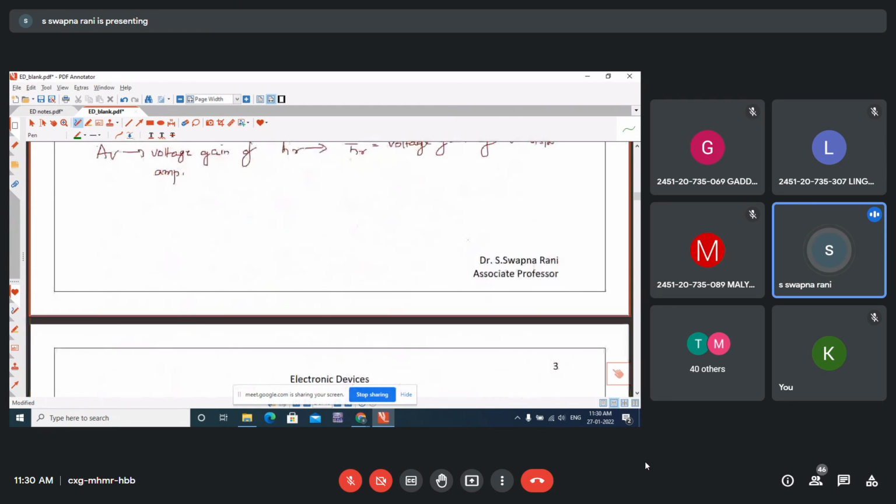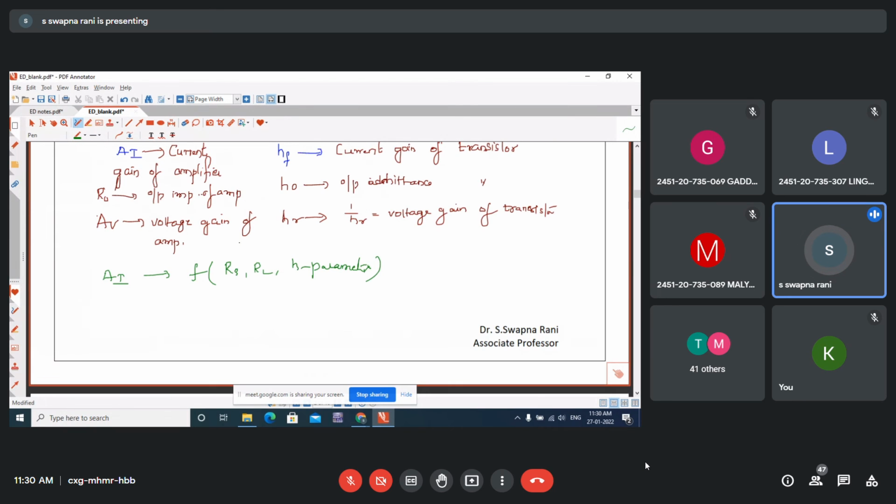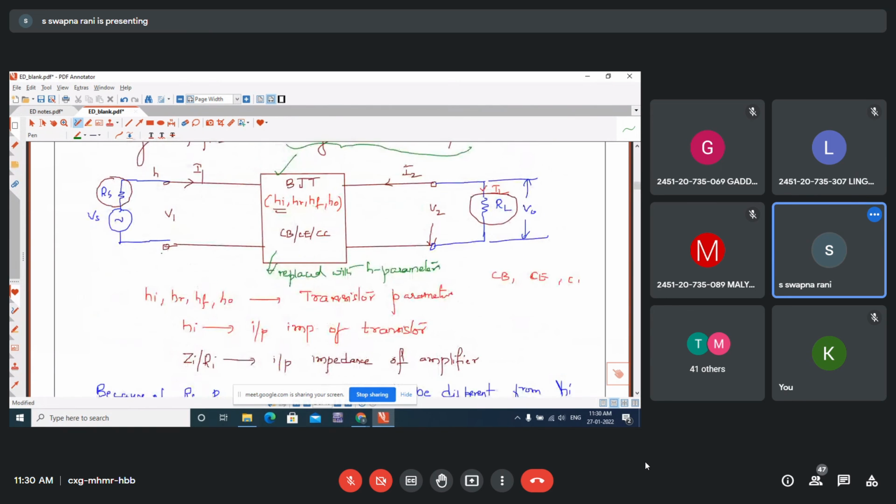So you need to derive AI as a function of RS, RL and the H parameters of the transistor.